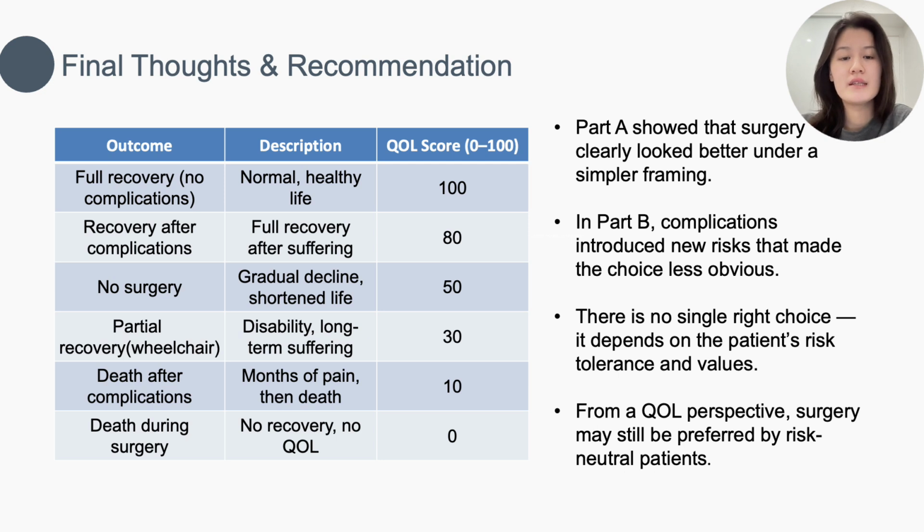So, from a decision analysis perspective, there's no single right answer. It depends on how the patient weighs risk, suffering, and the quality of life she hopes to maintain. That's why how we structure a decision and which outcomes we consider really matters.